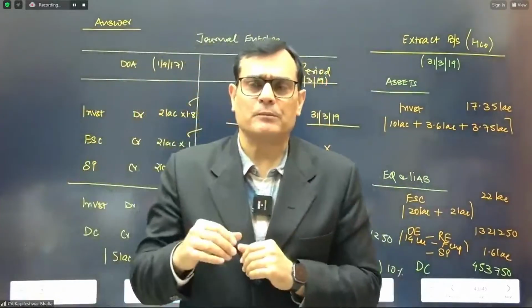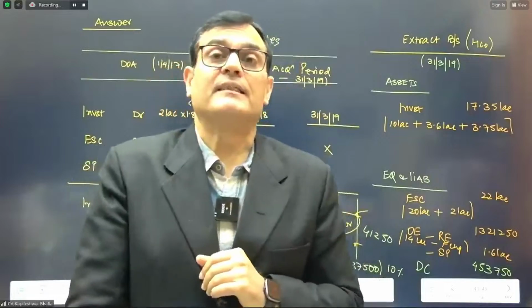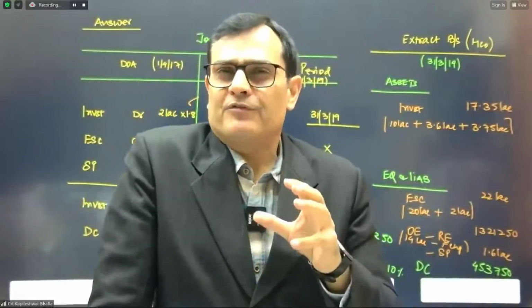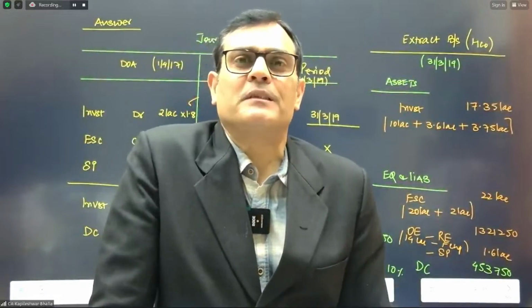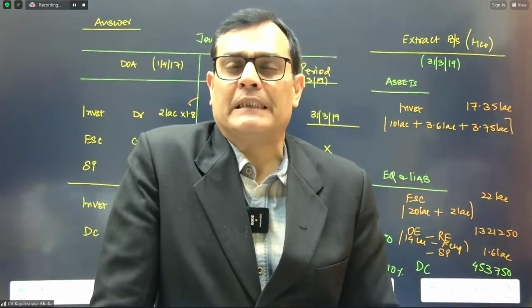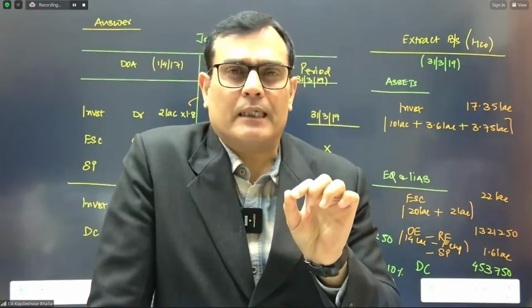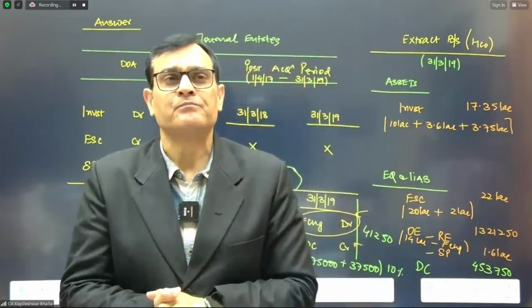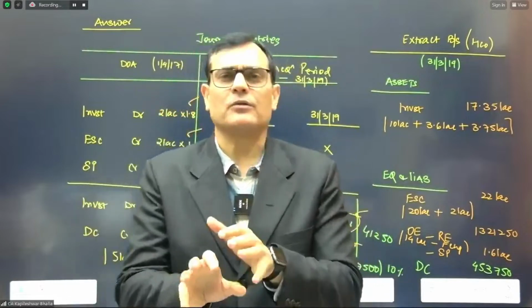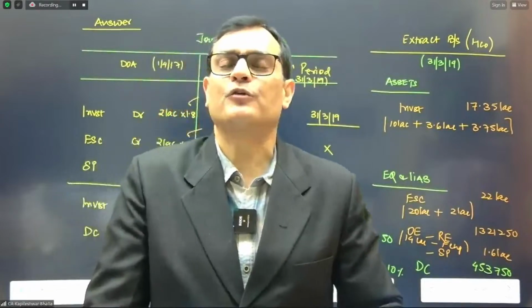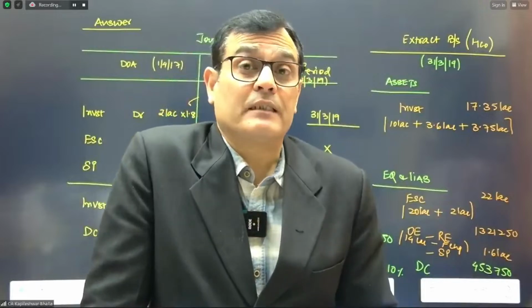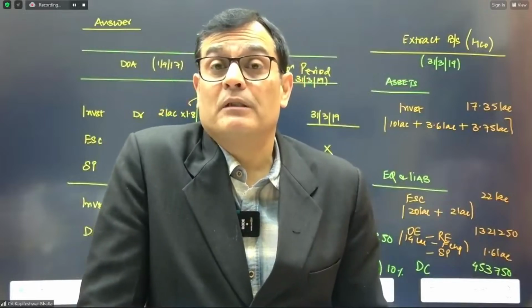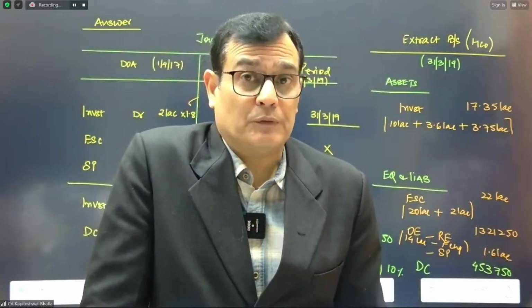Now, I would advise, many a time, what the examiner would do when he gives you the status of the investment in the balance sheet of the parent company, he might give you a certain part of PC which is omitted and not yet recorded. And typically, he's going to test your knowledge of Ind AS 103. That if there is a deferred consideration, have you remembered to consider unwinding of discount?